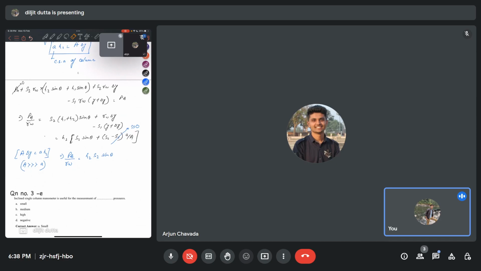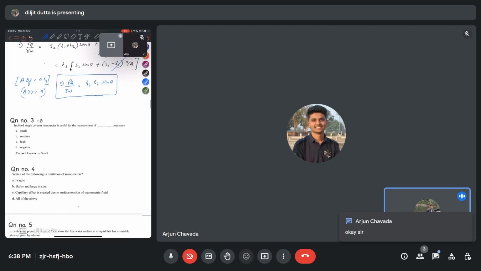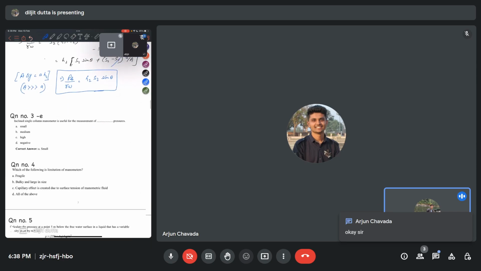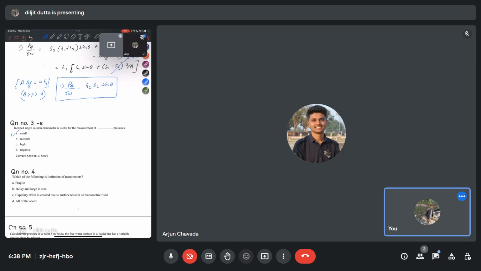So this is not from the gravity, this is from how the manometer equation is derived. Here is a question from past year: an inclined column manometer is used for measurement of small pressures, because it is highly sensitive to even small values.